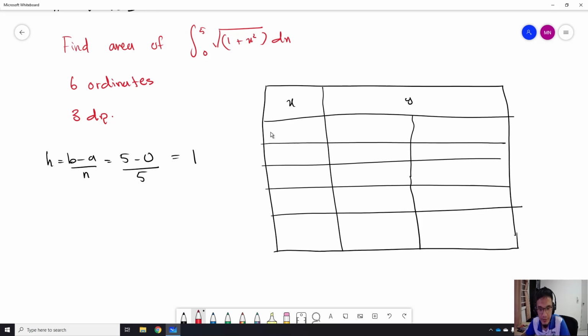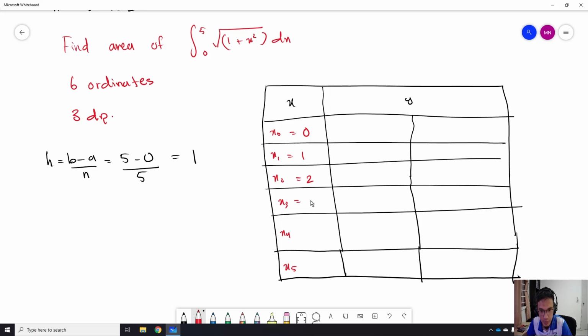For x we have x0, x1, x2, x3, x4, and one more, x5. Then we can find that our values for x are 0, 1, 2, 3, 4, 5.